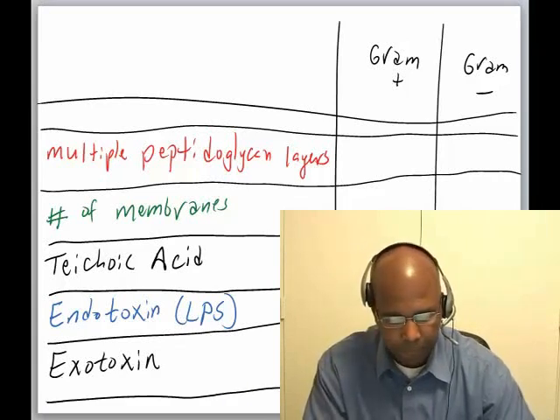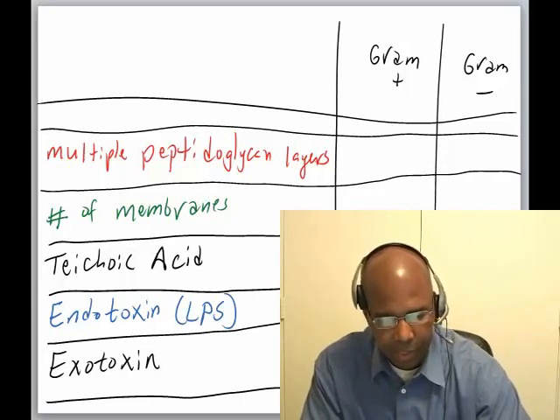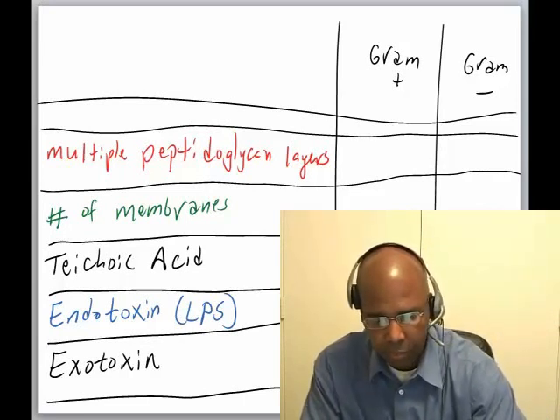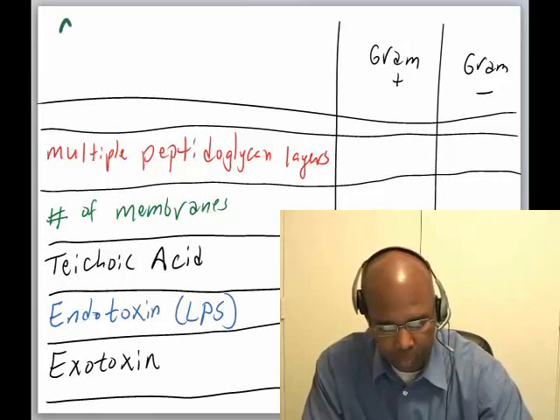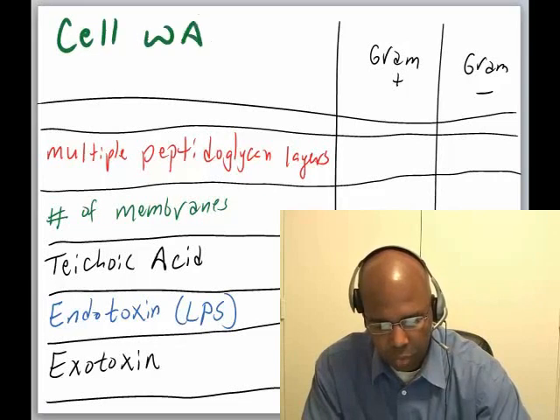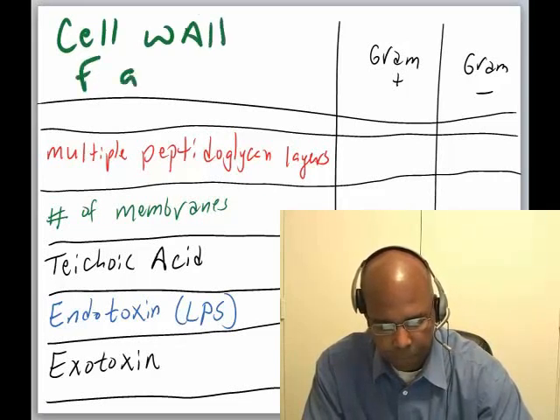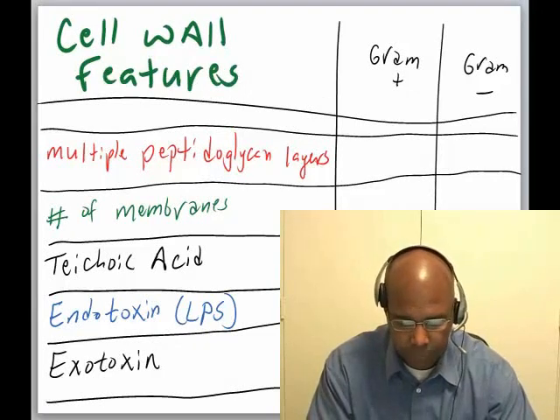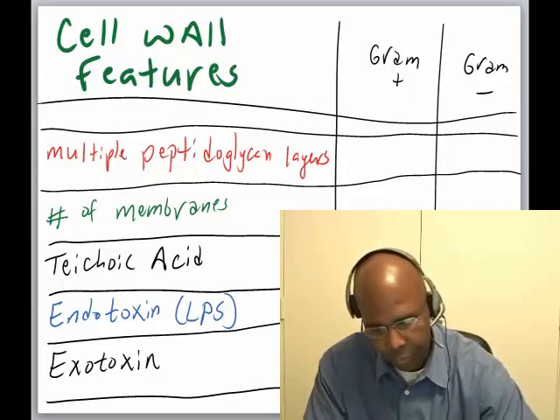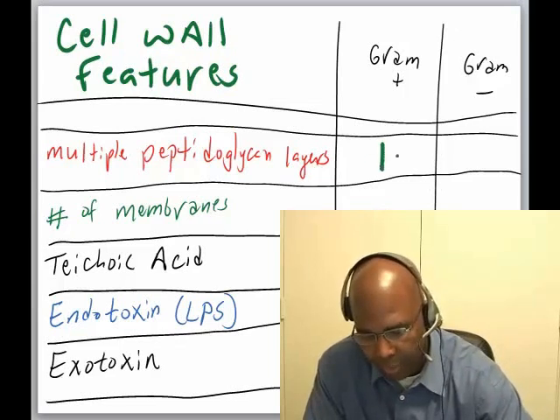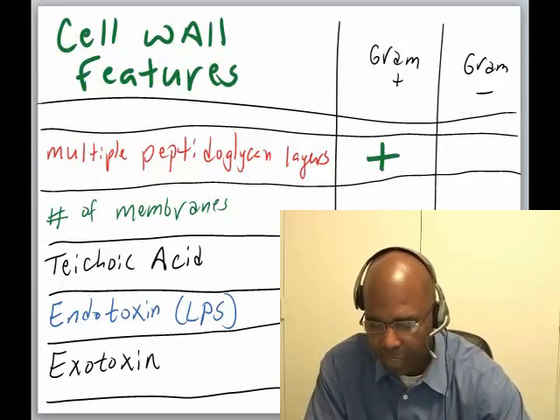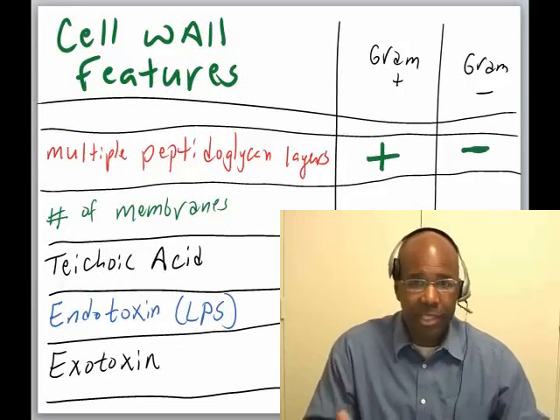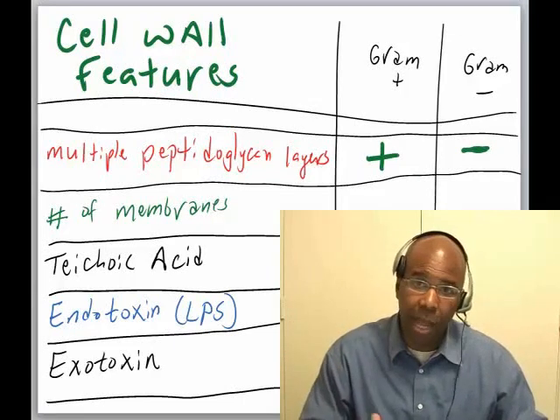Okay, these will be our cell wall features here. Now, let's fill in our chart. Multiple peptidoglycan layers. Of course, for gram-positive bacteria, that's going to be yes. For gram-negative bacteria, no. This is the main difference between gram-positive and gram-negative.